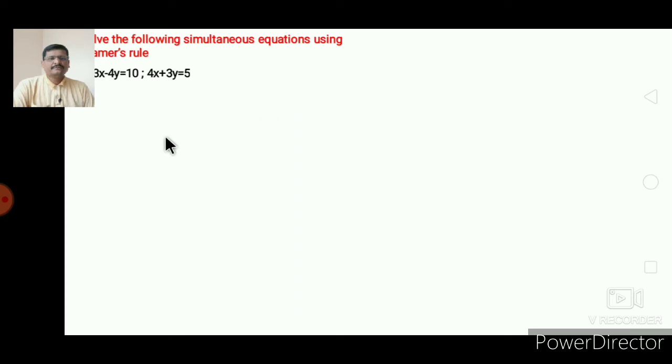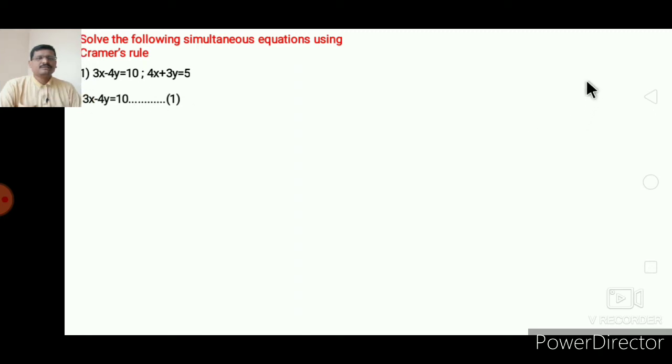Here, these two equations are already given in the form of a1x plus b1y is equal to c1 and a2x plus b2y is equal to c2. Therefore, numbering the given equations, first equation is 3x minus 4y is equal to 10. Next, 4x plus 3y is equal to 5.